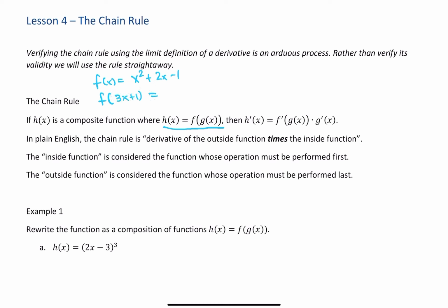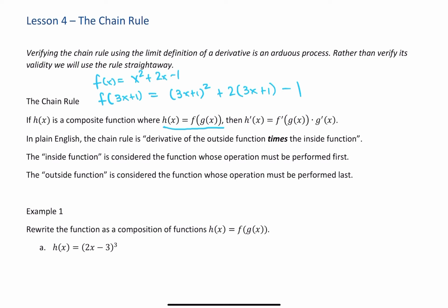Well, to do that operation, you'd have to do (3x plus 1) squared plus 2 times (3x plus 1) minus 1. Because everywhere we have an x, we're going to replace it with the expression 3x plus 1.